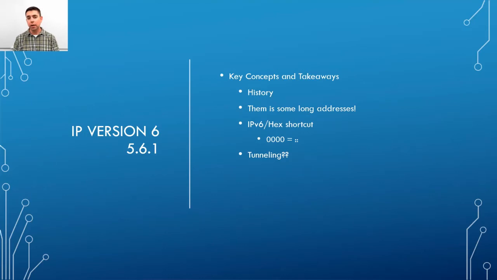Tunneling. They mentioned tunneling and kind of glossed over it. And I had talked briefly about tunneling before when I was discussing private and public IP addresses. So tunneling is the process of, and I gave the example of campus A and campus B. You need to connect both of those campuses' internal networks to each other, so that way they can share information back and forth.